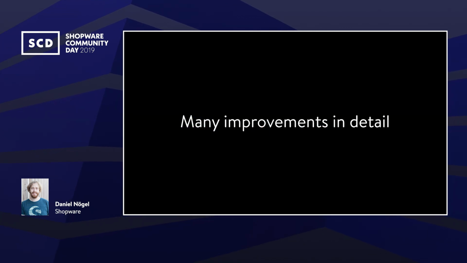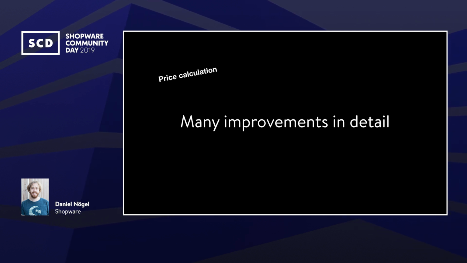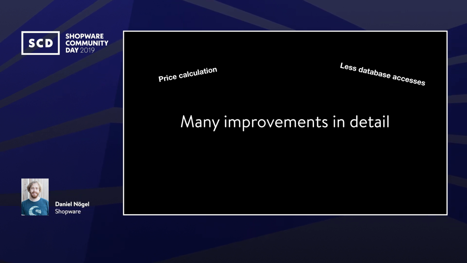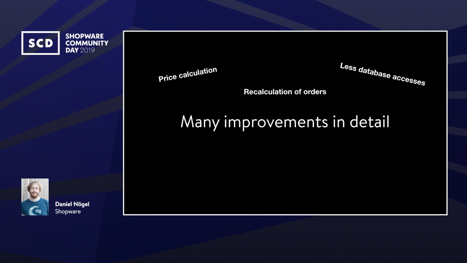So we have reconsidered our price calculation. So you can reuse the rules I talked about earlier and have very different prices for every single customer, for example. We rewrote it regarding database access, so that the cart has less impact on the database. It has fewer writes, it has fewer reads, so it's way more performant.